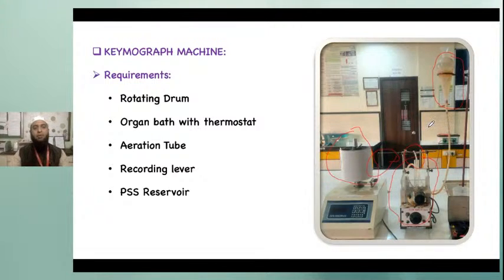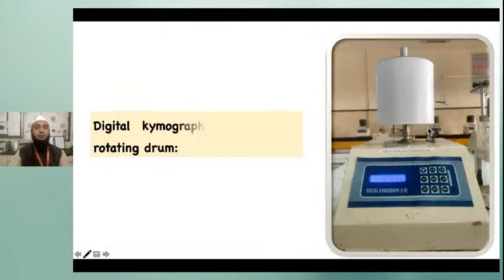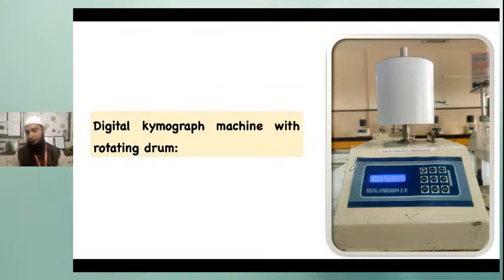So let's see one by one the role of each part of the kymograph machine. First part is the digital kymograph machine with rotating drum. What you see in the image is nothing but a rotating drum, but it is a digital one. The digital panel is provided for setting the rotation per minute, that is the RPM.